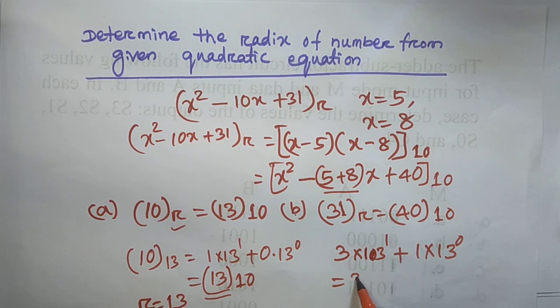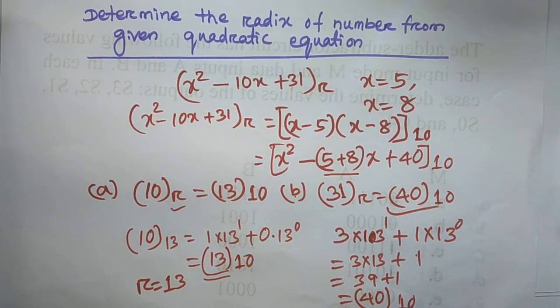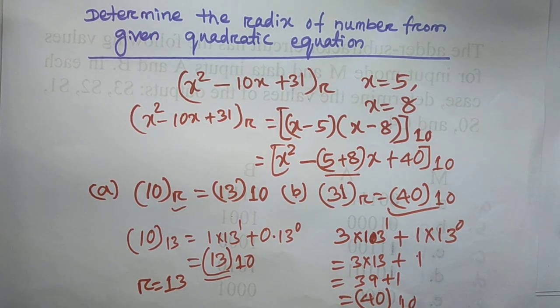That is 3 into 13 plus 1, that is 39 plus 1, which is 40. So 40 is there, no problem. That means the particular radix value is 13.